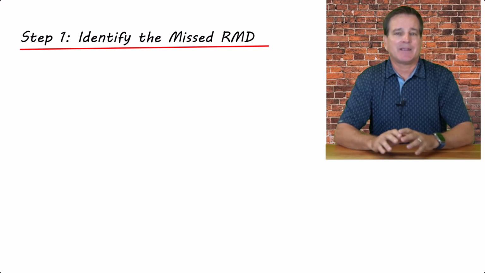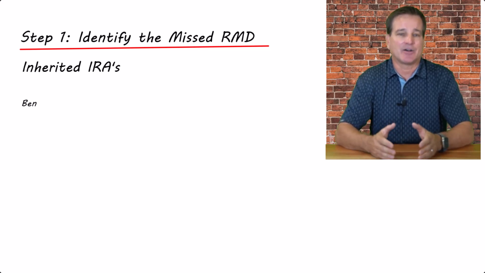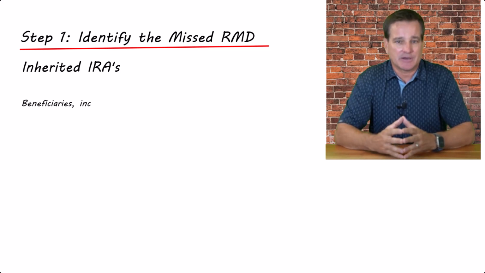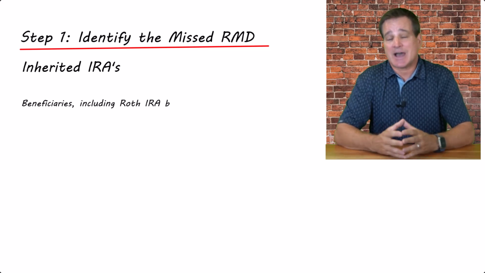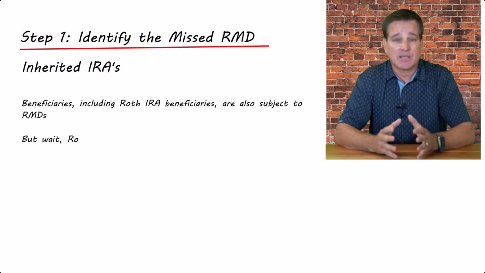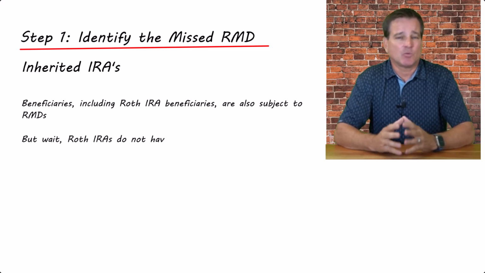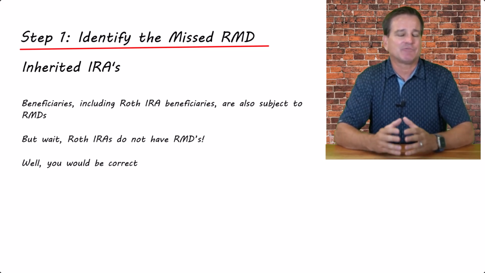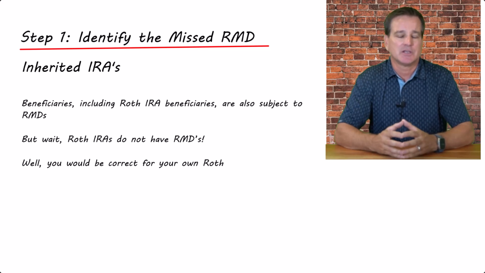One of the big areas where folks can make a mistake is when they inherit an IRA. Beneficiaries, including Roth IRA beneficiaries, are also subject to required minimum distributions. That's right. Some of you may be saying, wait a second, Jeff, Roth IRAs are tax-free and do not have required minimum distributions. Well, guess what?